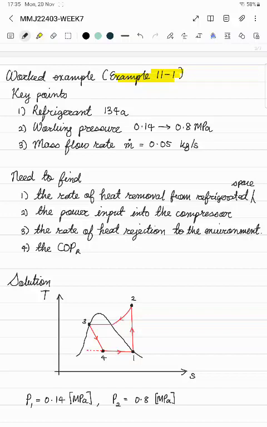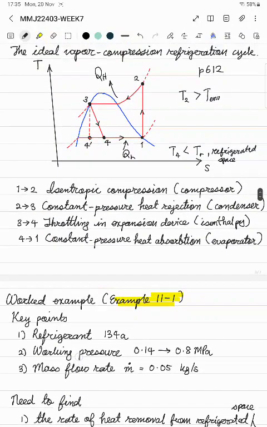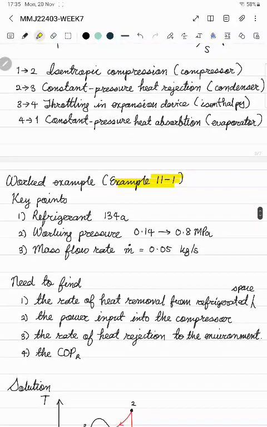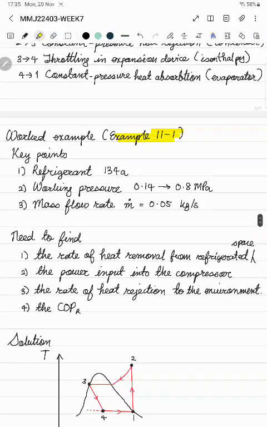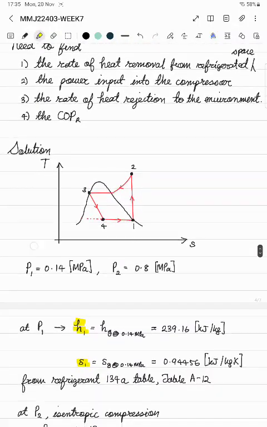Now what we need to find is the rate of heat removal from the refrigerated space, and 2, the power input into the compressor, how much energy or how much work we are getting from the compressor, and number 3, the rate of heat rejection to the environment. This is basically QH. And finally, the most important parameter is the COP for refrigeration. So let's have a look at the solution.